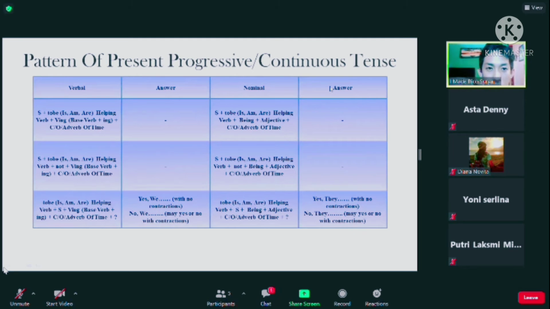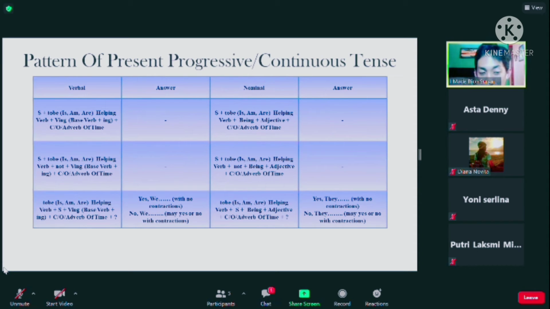Okay, now we come again to the pattern of present progressive or continuous tense. In verbal, in the present simple we use do or does, but in progressive and continuous tense, we use is, am, are. So the pattern is, you can read it by yourself.